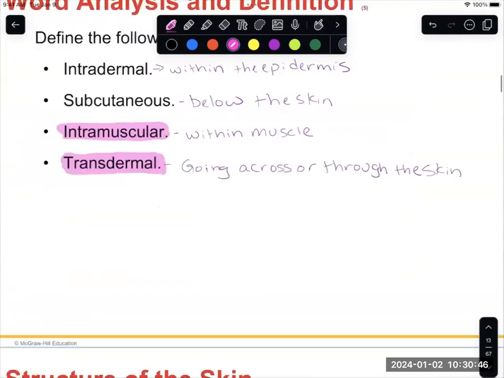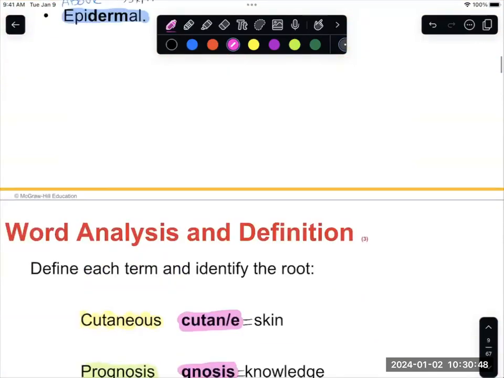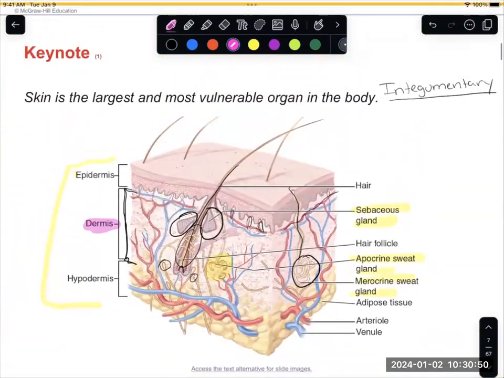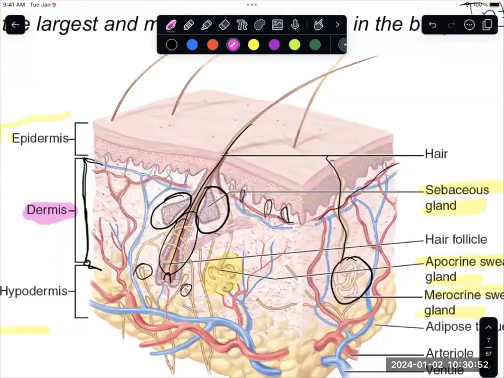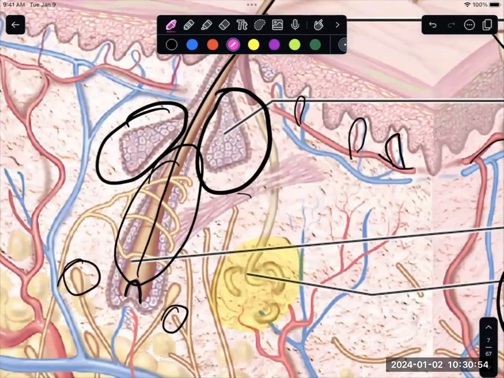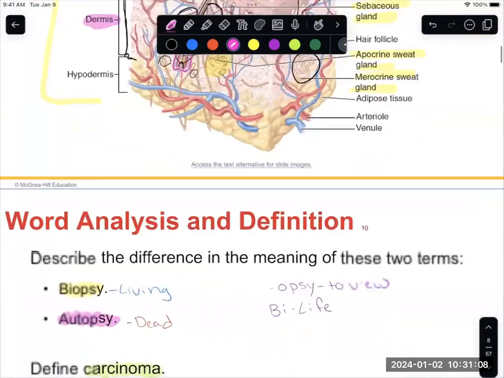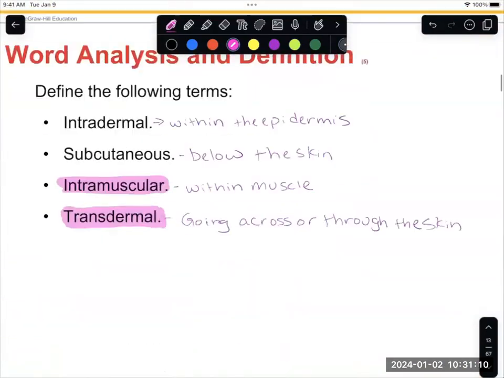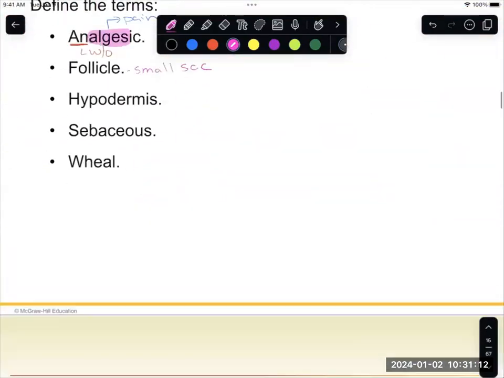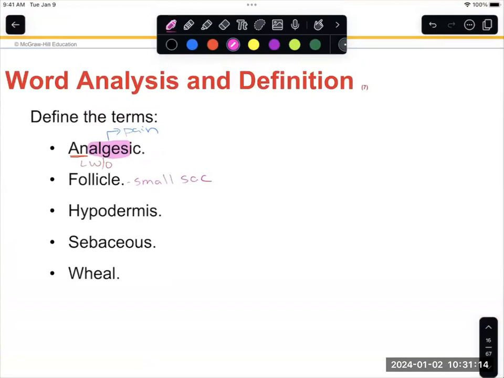Go up and look at that hair follicle. This right here is a sac of cells that has a cul-de-sac, or that opening in the middle that this hair fits into. That's where that hair follicle comes into play.